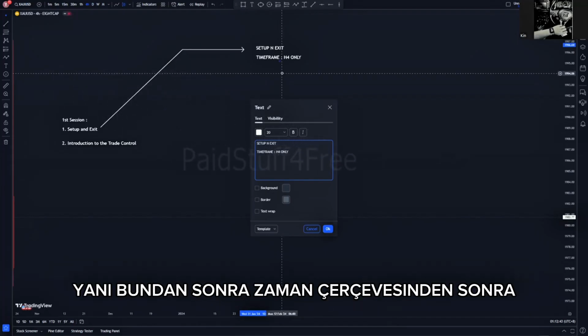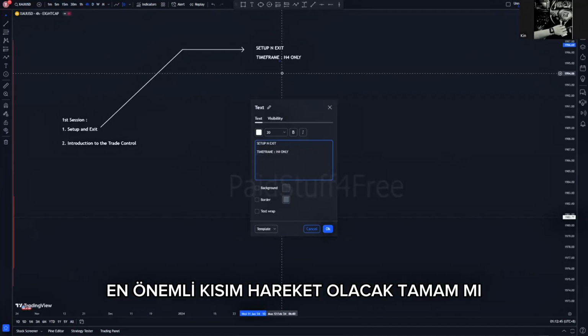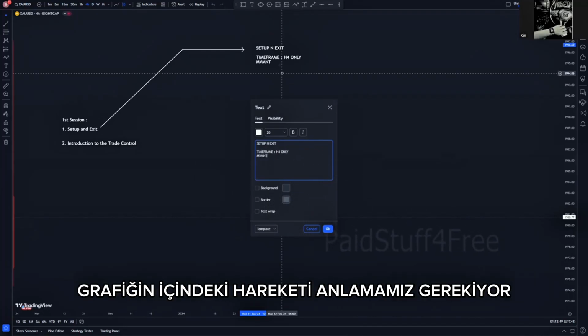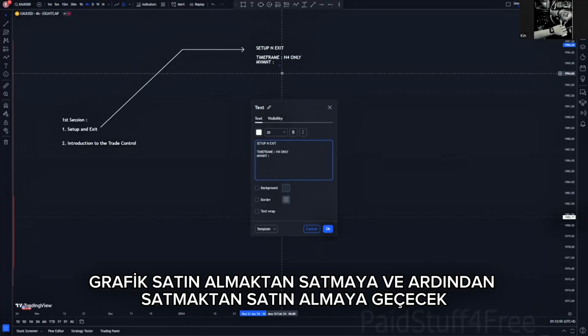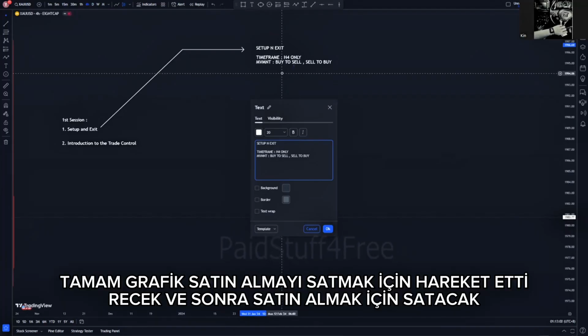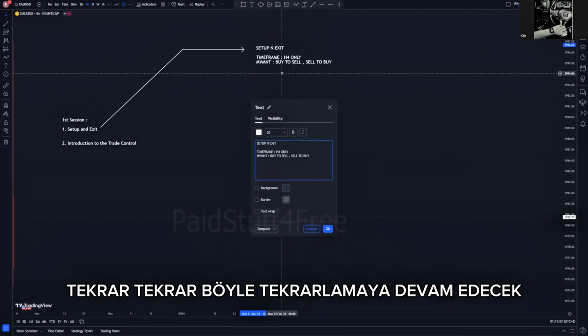After the time frame, the most important part is going to be the movement. We need to understand the movement inside of the chart: the chart is going to move from buy to sell and then from sell to buy. It is going to keep on repeating like this over and over.